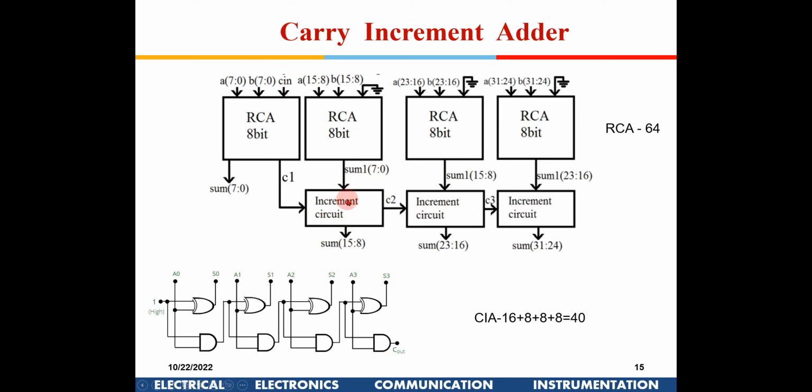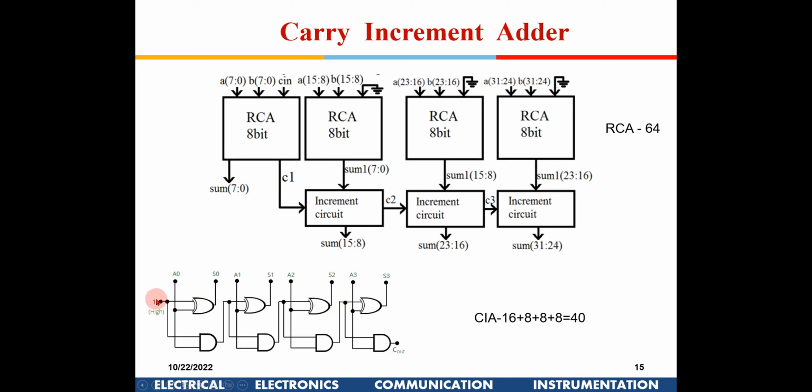Now if I look at this increment circuit, this is the increment circuit for a 4-bit number. This is the control signal, the carry which is coming here. This C1 is the carry signal which is shown here. Now if you see here, there are 4 XOR gates, and the input is given here.